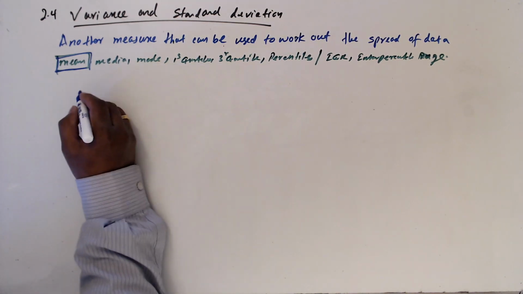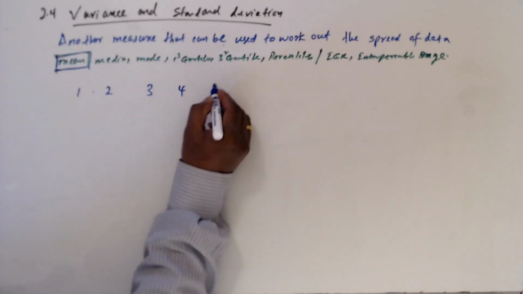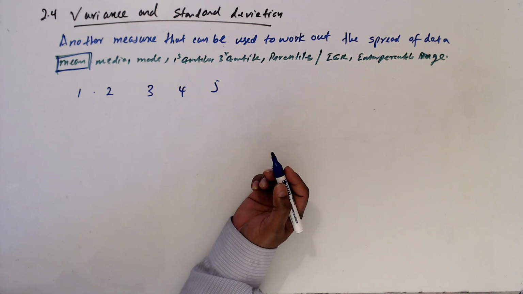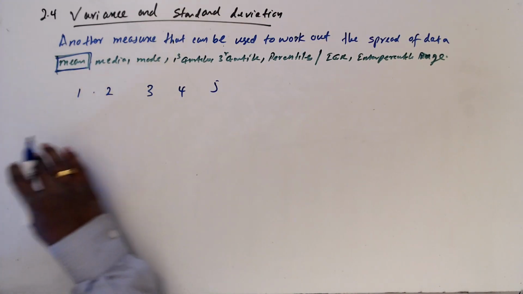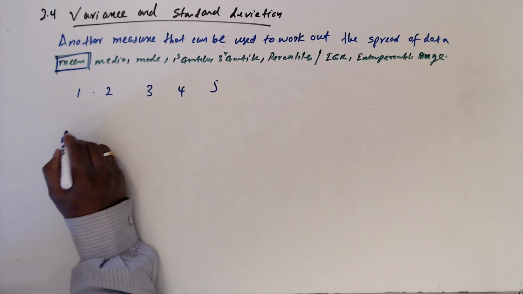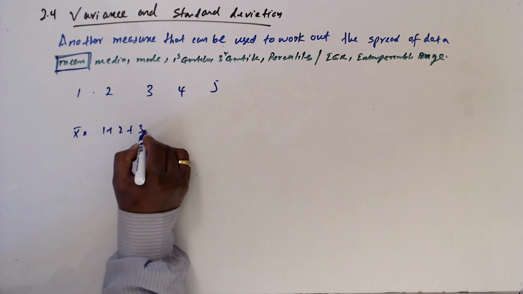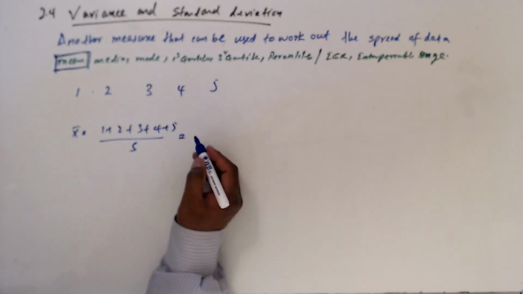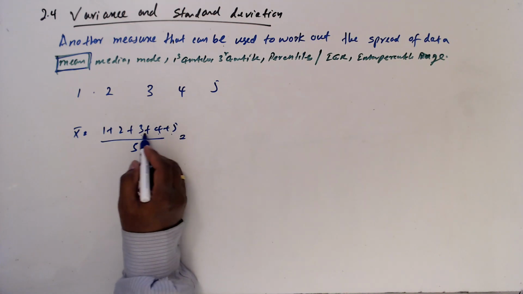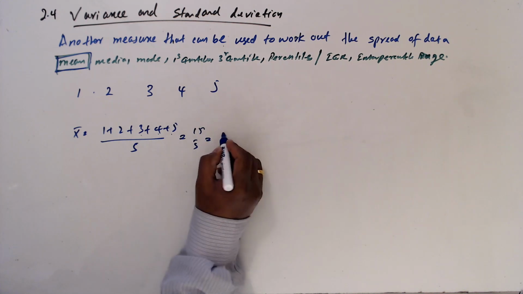Now assume that I have a data set 1, 2, 3, 4, 5. The most reliable person I select is the mean, x bar. So 1 plus 2 plus 3 plus 4 plus 5 divided by 5. This is 5, 9, 12, 14, 15, divided by 5, which is 3.